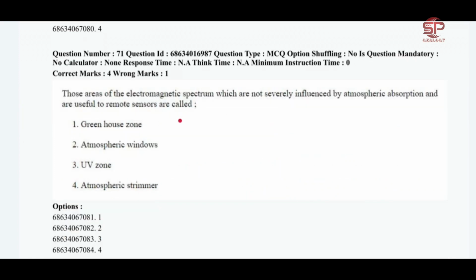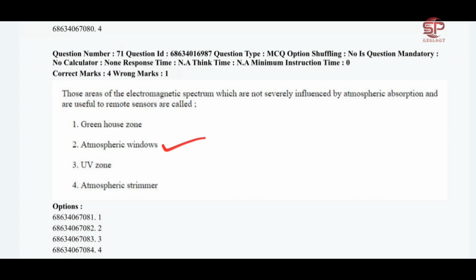Those are the parts of the electromagnetic spectrum which are not severely influenced by atmospheric absorption and are useful for remote sensing. They are called atmospheric windows. Atmospheric windows are those that don't absorb rays. They are transparent to the rays. There are major atmospheric windows: in the visible range, infrared, and microwave.